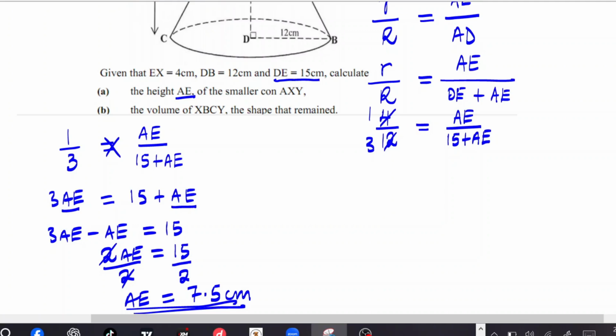Okay, so we have done the answering of this question, right? So we need now to try to answer the next one. The next one says we calculate the volume of XBCY, the shape that remained.